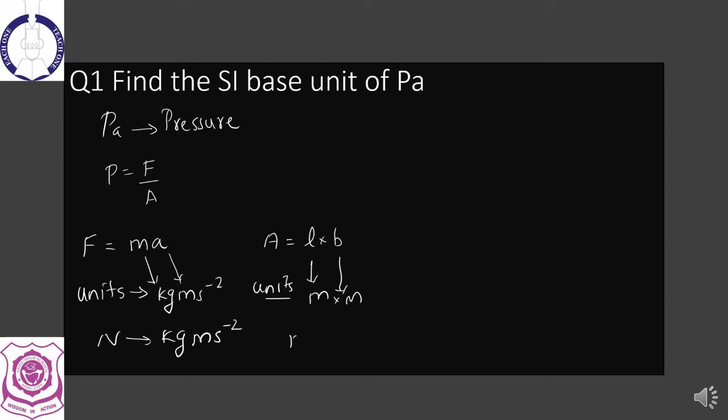So when I substitute the two base units back in the formula, I get Pascal, which is the same as writing force, kilogram m s to the power minus 2, divided by meter square. Now, as I mentioned before, you won't be writing anything in the denominator. So I want to bring m square up. So I get kilogram m s to the power minus 2, and m to the power 2 goes to the numerator and becomes m to the power minus 2.